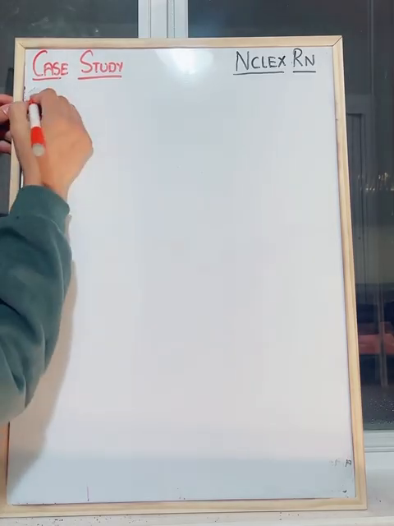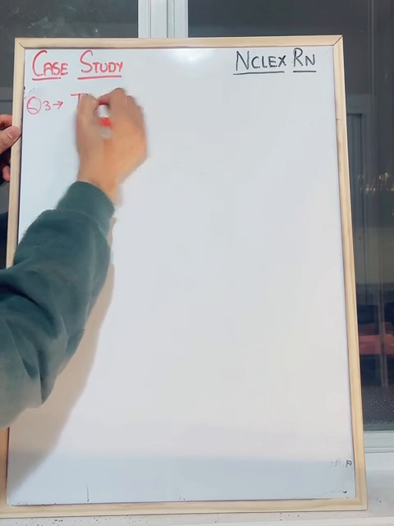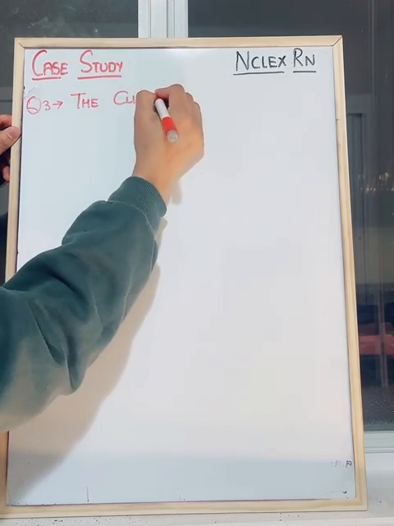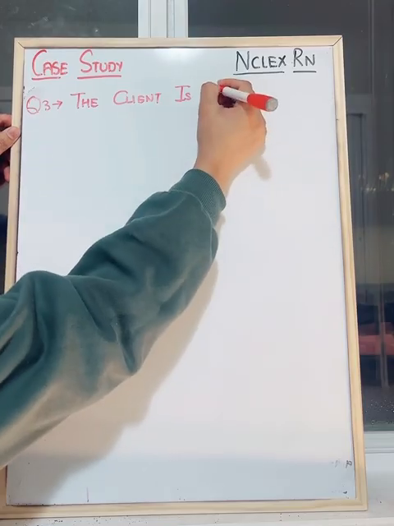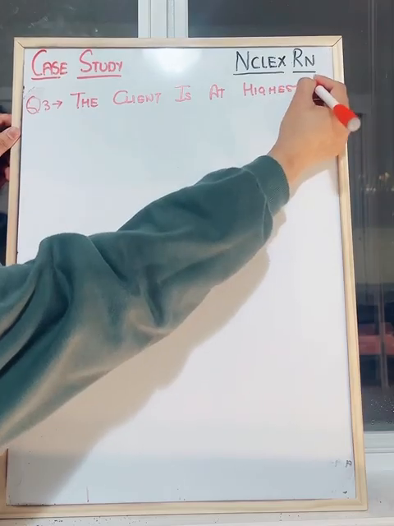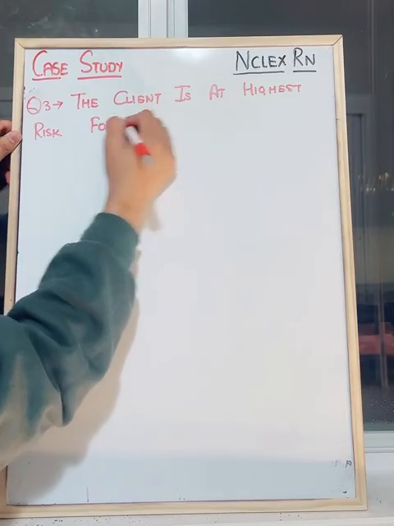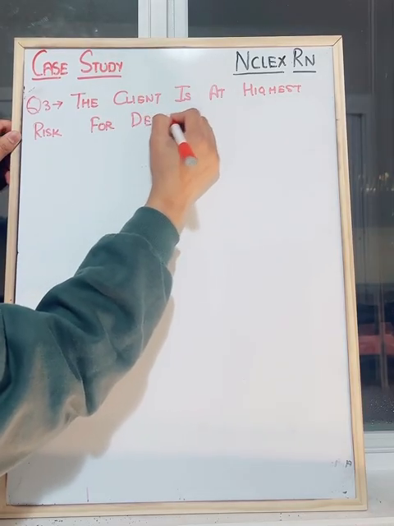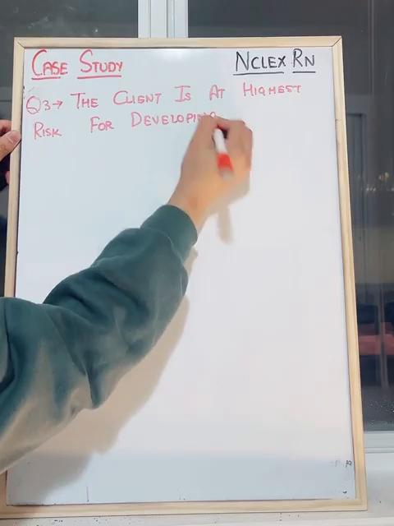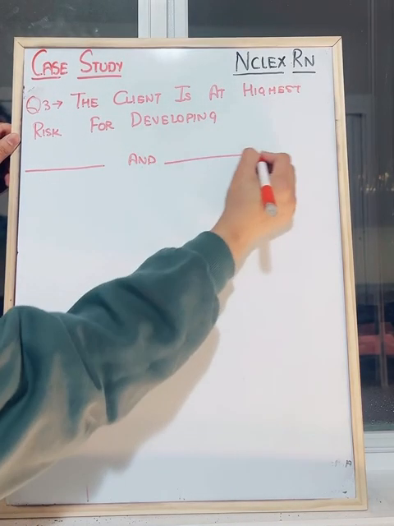So here, question number 3 from the scenario: the client is at highest risk for developing dash and dash.